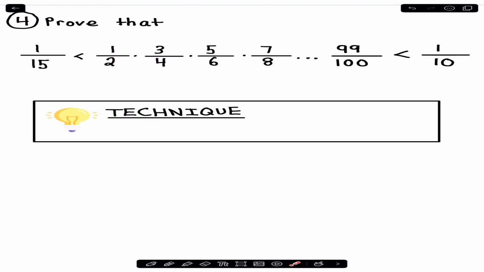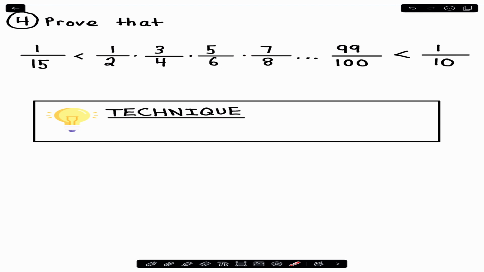Okay, so this one seems a little challenging because as it stands right now, there's currently no telescoping going on. But we would like to introduce telescoping into this problem somehow. It would be really nice if we could somehow bring in maybe a 2 over 3, a 4 over 5, a 6 over 7, because then we know that that product can telescope.